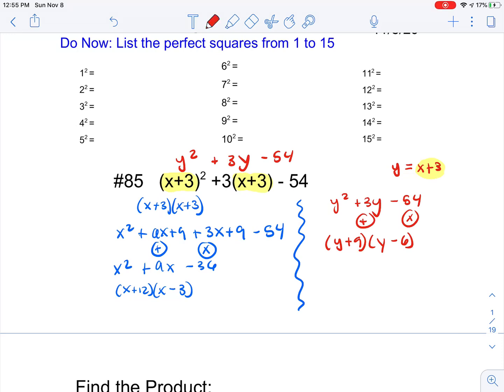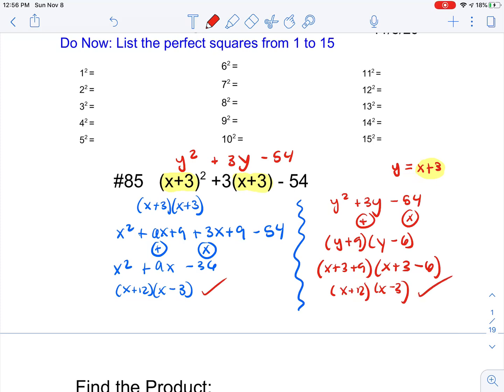So now that we've factored it according to the rules, we should substitute the x plus 3 for y in this parentheses and the x plus 3 for y in this parentheses, bringing us to x plus 12, x minus 3. Now you'll notice both are the same, okay?